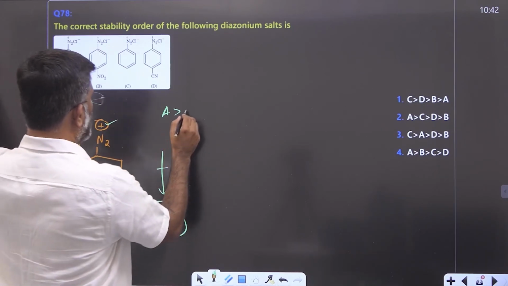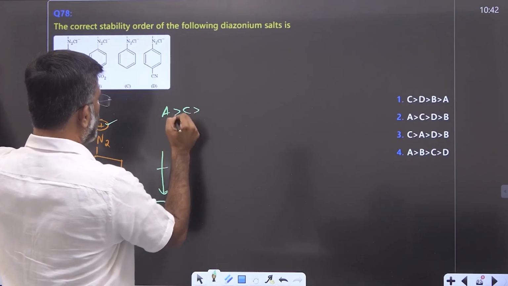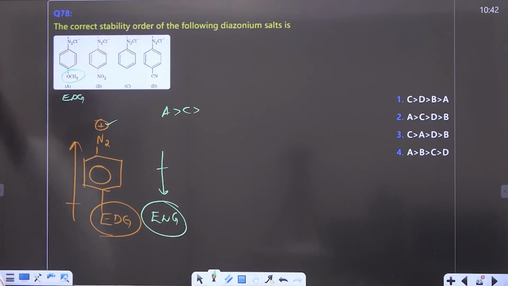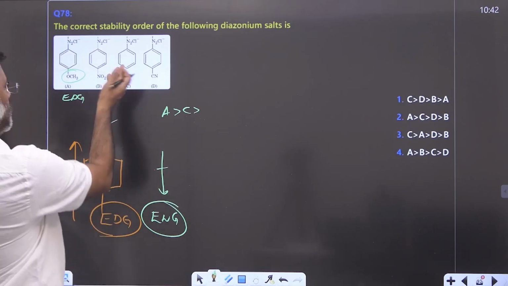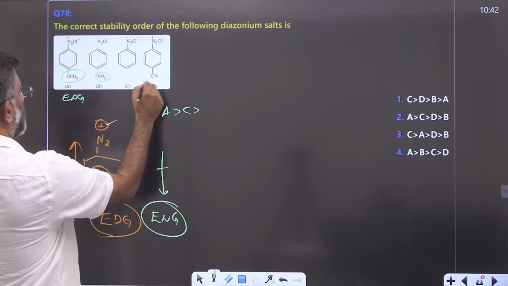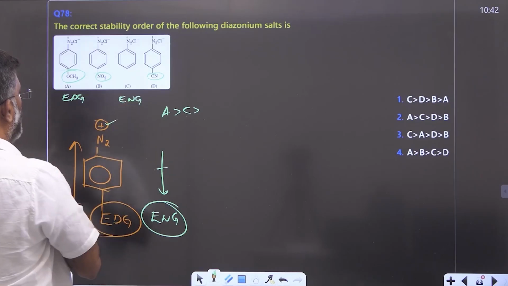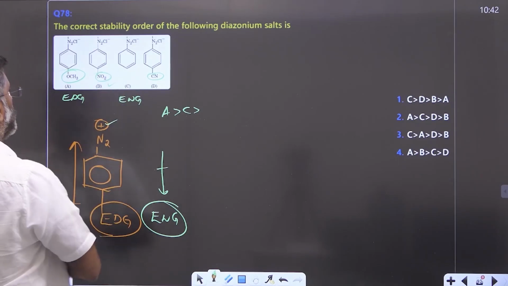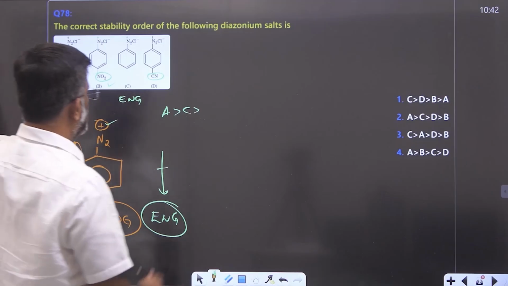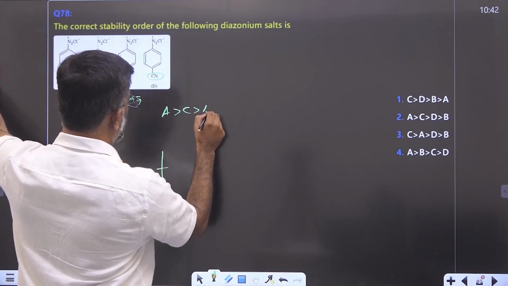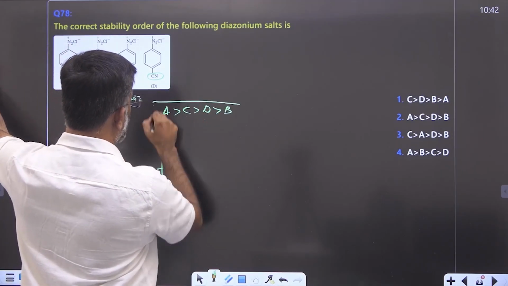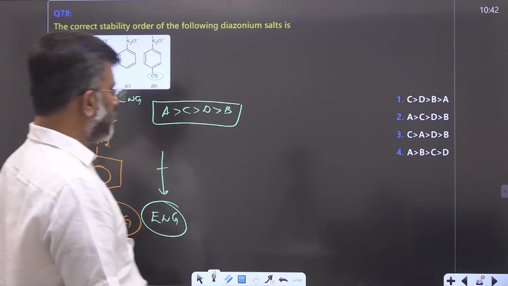So after that it will be C. A is maximum, then C, because in C there is no group, while these two groups are electron withdrawing groups. And the most electron withdrawing is this one, so B will be last. So it is A, C, then D, then B. This will be the correct answer.